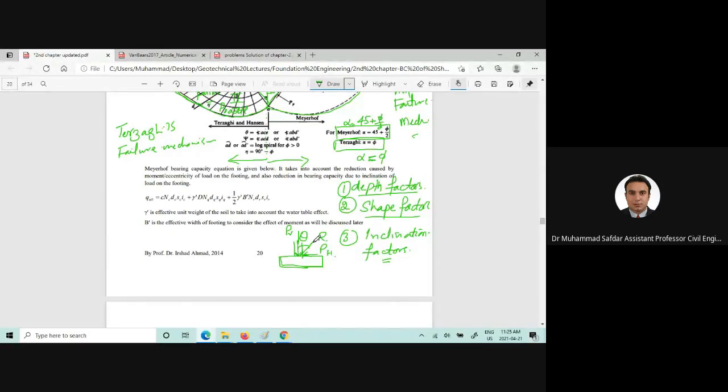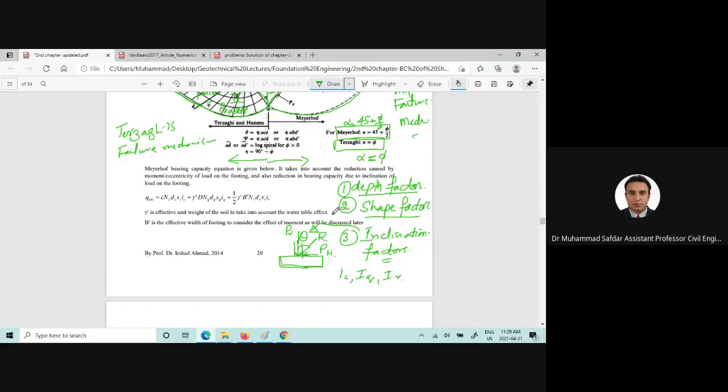So the resultant would be acting at a certain angle, and we can call that theta. So based upon the angle theta, Meyerhof proposed several inclination factors: IC, IQ, and I gamma.